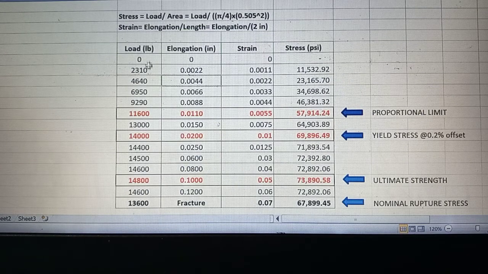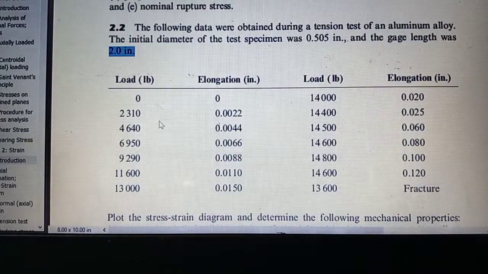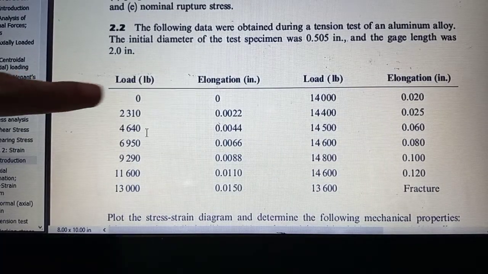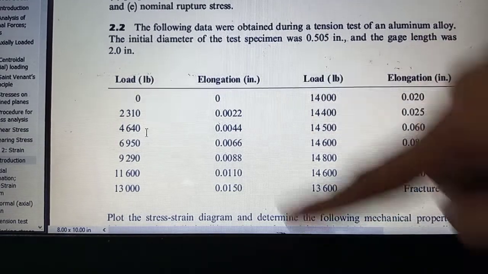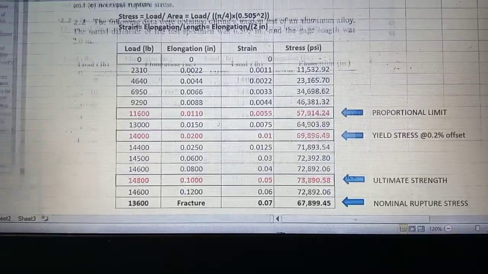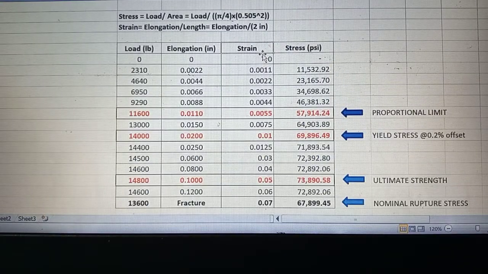So here, this is the load. We just copy everything from here, and then the equivalent elongation. From that, we compute the strain.